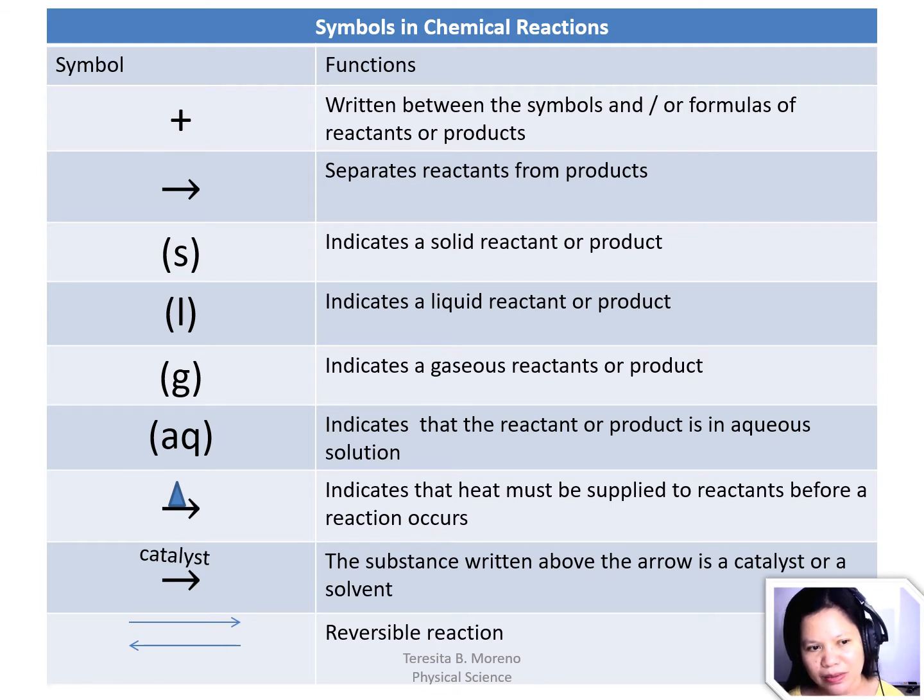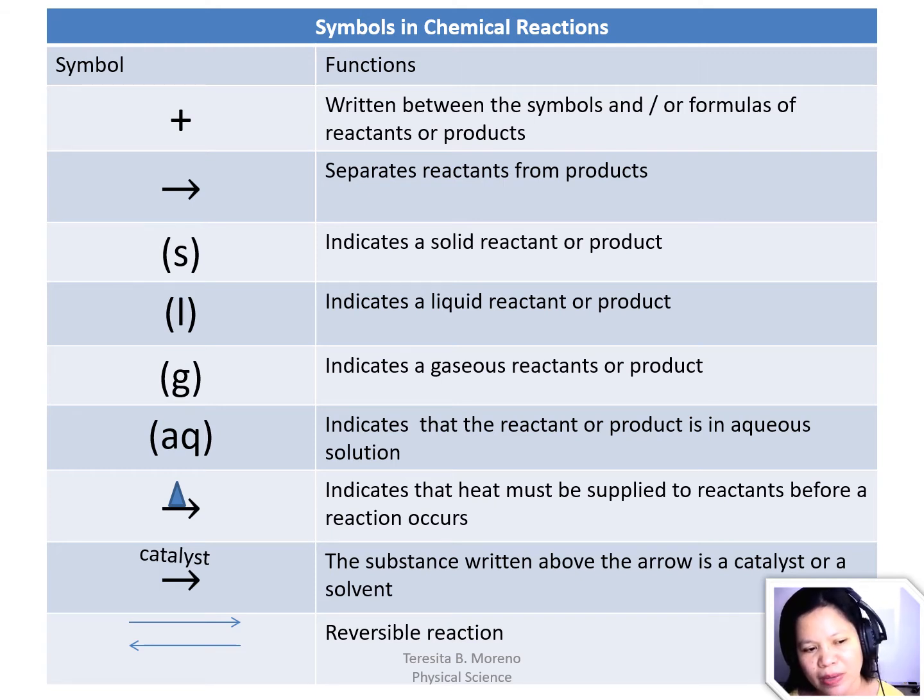S for solid, L for liquid, either the reactant or the product is in liquid form. Then G for gaseous reactants or products, and AQ for aqueous solution. When I say aqueous solution, basically the solvent is water. So the solute is being dissolved in water.